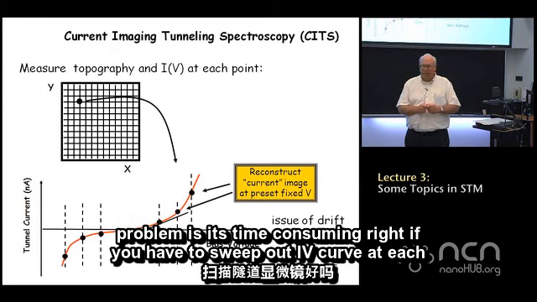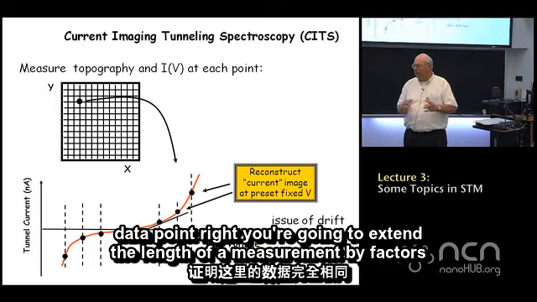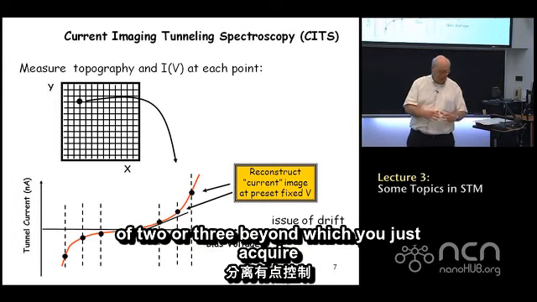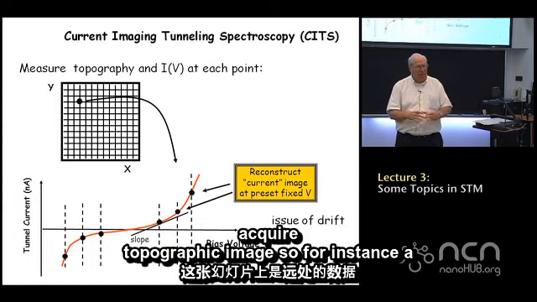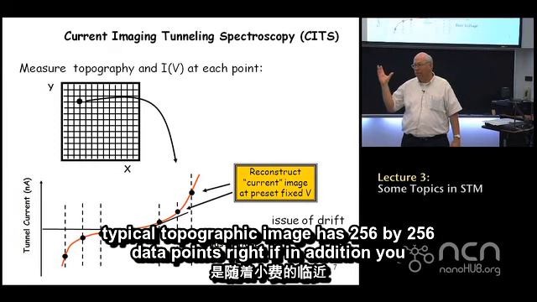If you have to sweep out an IV curve at each data point, you're going to extend the length of a measurement by factors of 2 or 3 beyond just acquiring the topographic image. For instance, a typical topographic image has 256 by 256 data points.